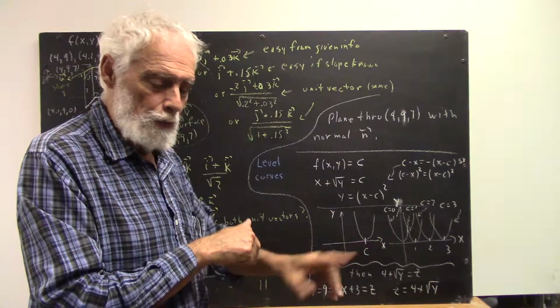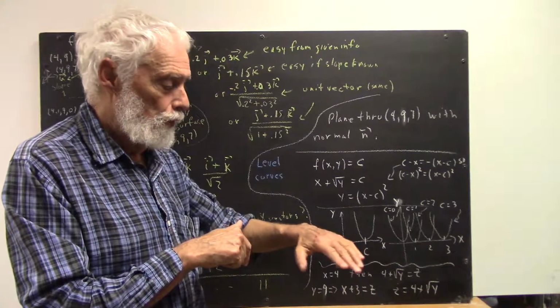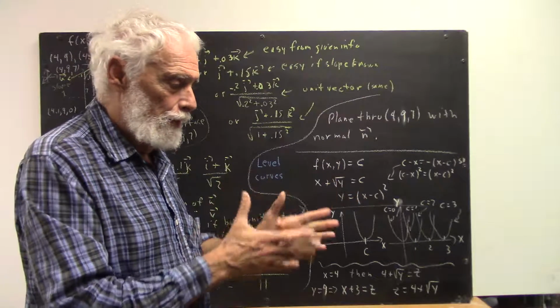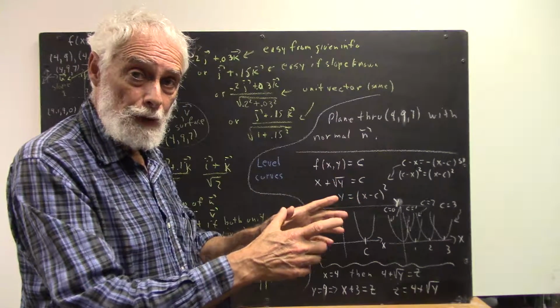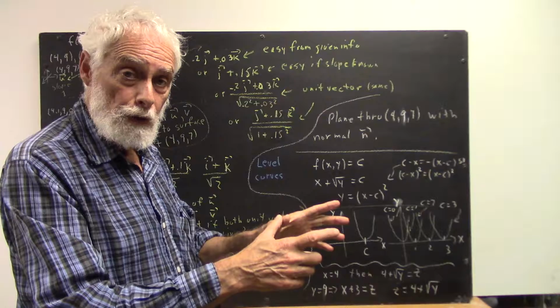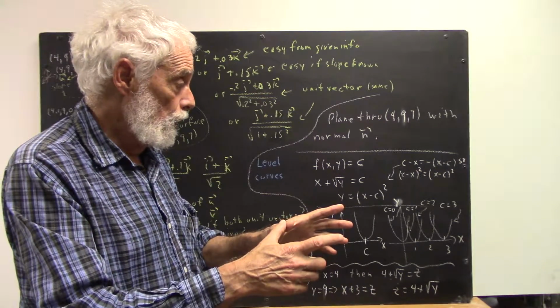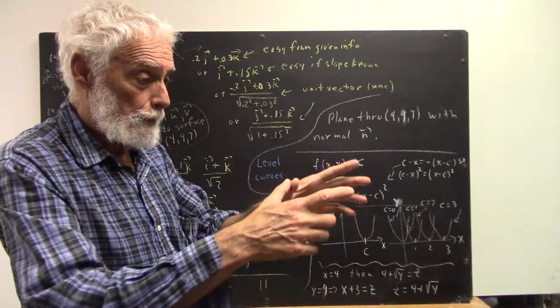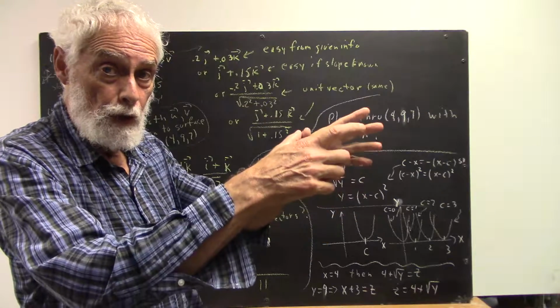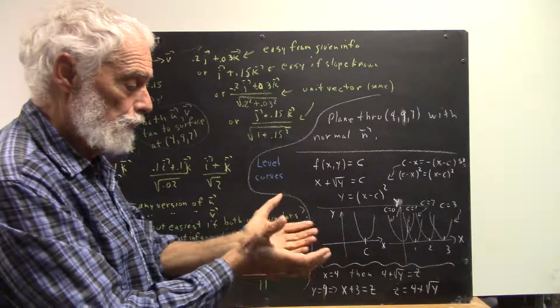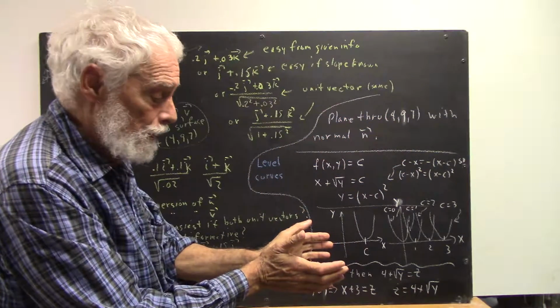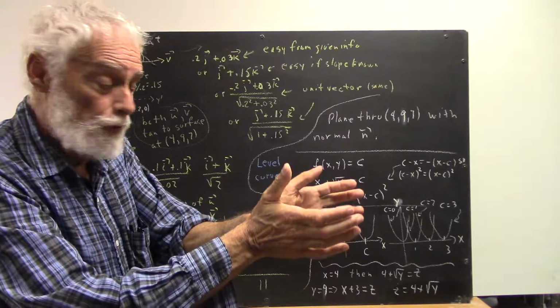That's what you get in the xy plane. You go up 1 unit, and now that parabola is the same except it's shifted 1 unit to the right. You go to the z equals 2 plane, and the parabola shifts a unit to the right. You go up 1 unit, the parabola shifts a unit to the right. So you've got these parabolas that are kind of moving this way.